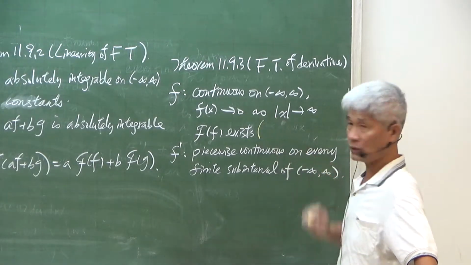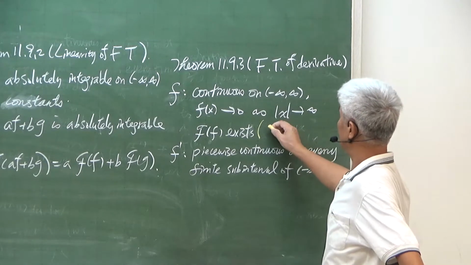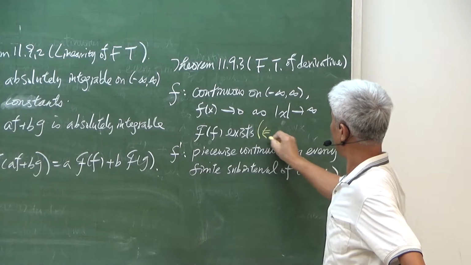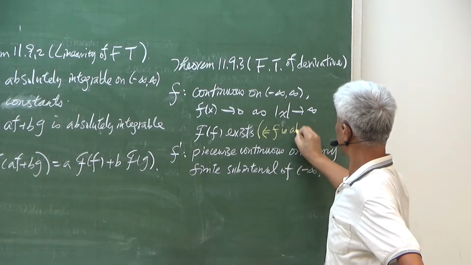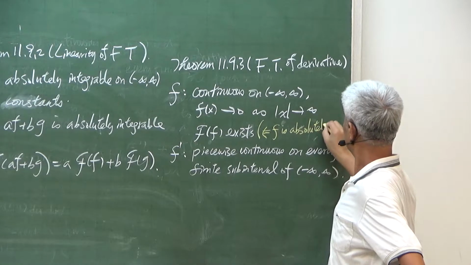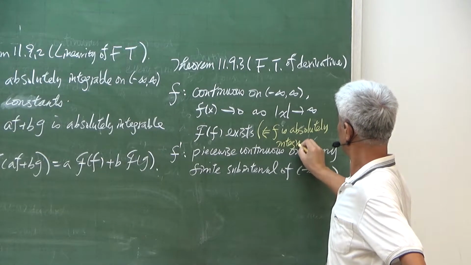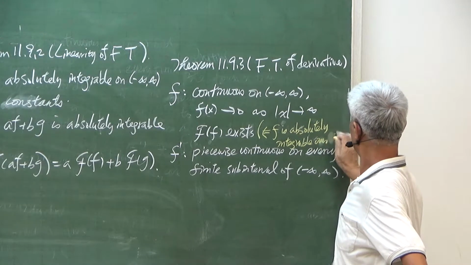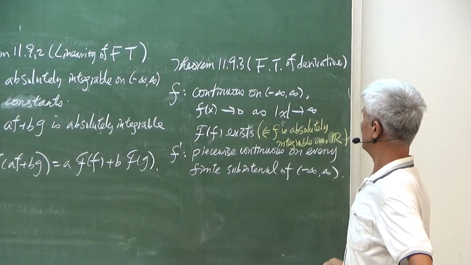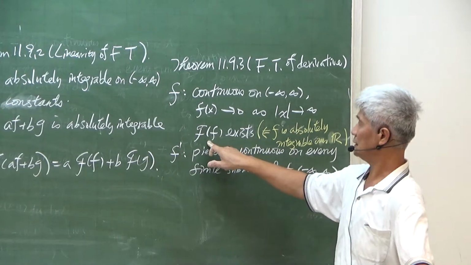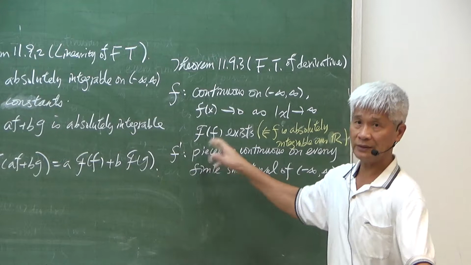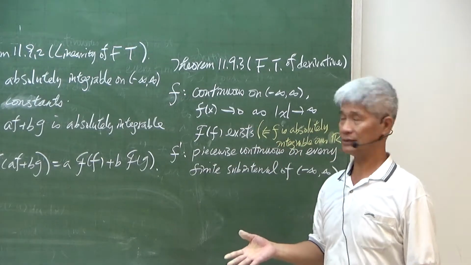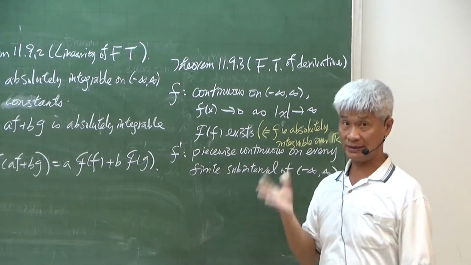Of course you can have a stronger condition, as I said before. So this is implied if f is absolutely integrable over R. If f is absolutely integrable, of course the Fourier transform exists. But I will just leave it open, say its Fourier transform exists.